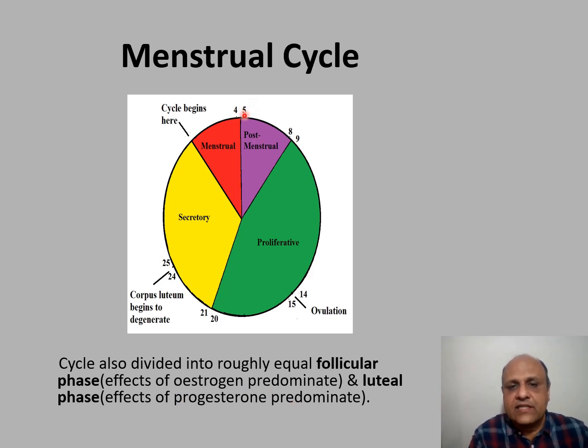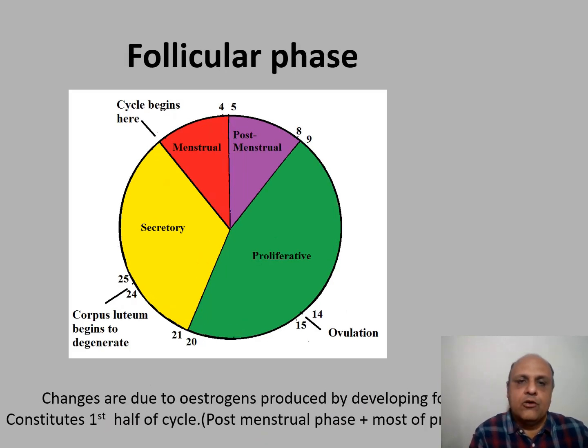So if I start from here, postmenstrual phase, up till here, so most of the proliferative phase, so postmenstrual plus most of proliferative phase, that is the follicular phase, and then some part of proliferative phase and the secretory phase, that is the luteal phase, when effects of progesterone predominate. So follicular phase, let us describe it first.